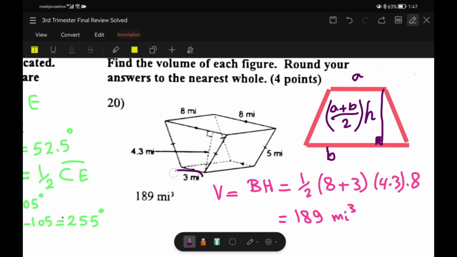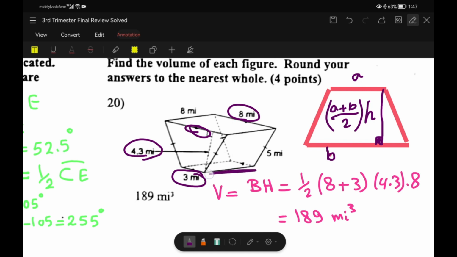Now let's solve that for our example here. The smaller base is 3, and the bigger base is here, parallel to that, so it will be 8 also. So we have half times the first base 8 plus the second base 3, times the height of the base, which is already found here, 4.3, times the height of the shape.